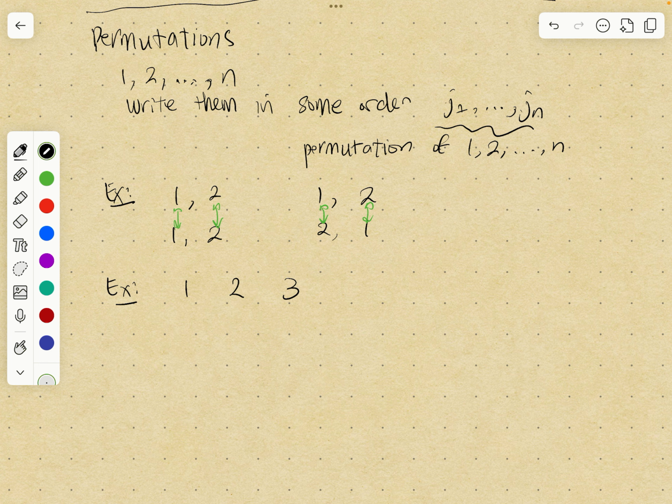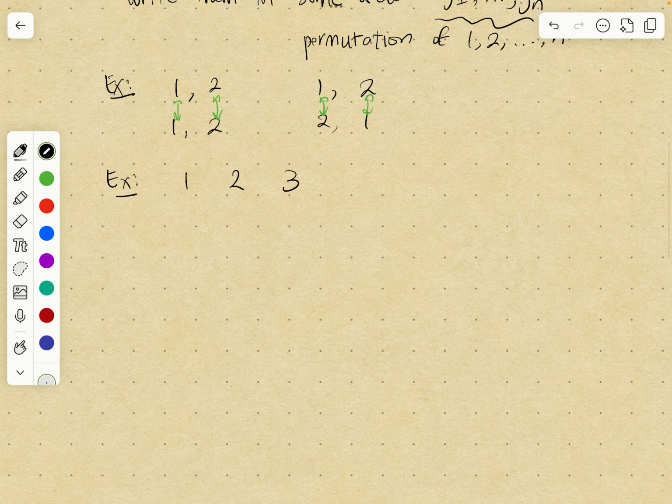Or you could have 1, 2, and 3. Well, there's lots of different ways to do it. First of all, you can just have the permutation that doesn't change anything. So you can have 1 goes to 1, 2 goes to 2, 3 goes to 3. But of course, there's a bunch of other ones.